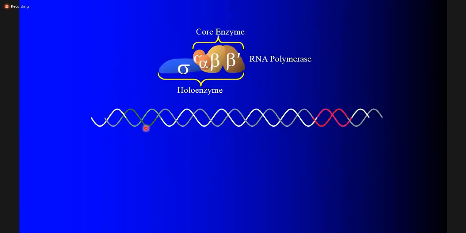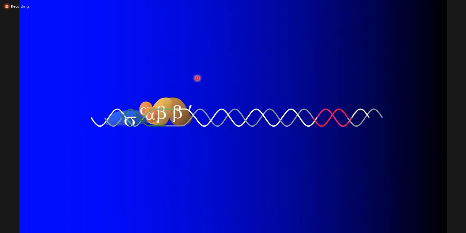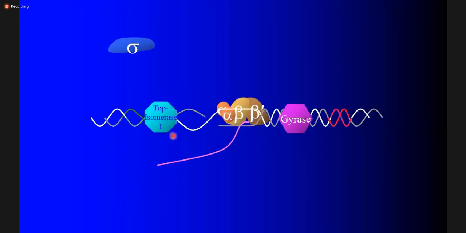Now, some general model for prokaryotic transcription. As we know, we have promoter regions, and the sigma factor recognizes the promoter sequence and binds with the DNA. Both strands are being unwound, and during these unwound regions, the newly incoming RNA nucleotides form the hybrid between RNA and DNA bonds, and along with this, the topoisomerases are also there that are relieving the torsional strains during the unwinding of the DNA structure.